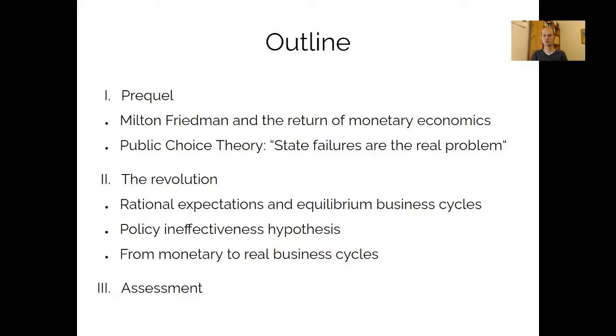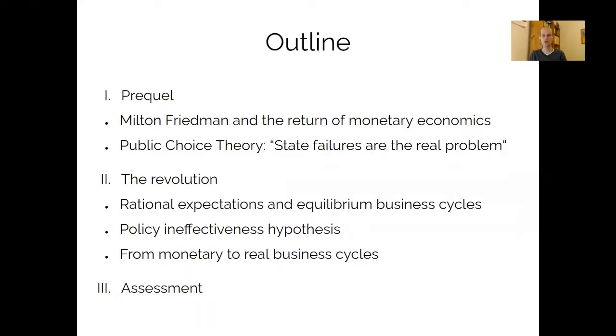Rather than seeing the state as a cure to economic problems, it started to be considered as a source of economic problems, because state failures are connected with a larger participation of the state in the economy, and those state failures might be, according to the proponents of this theory, a much bigger problem than the market failures which the interventions try to solve.